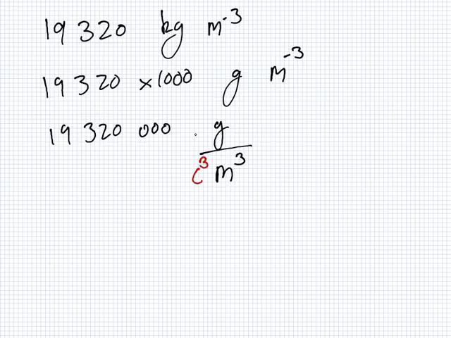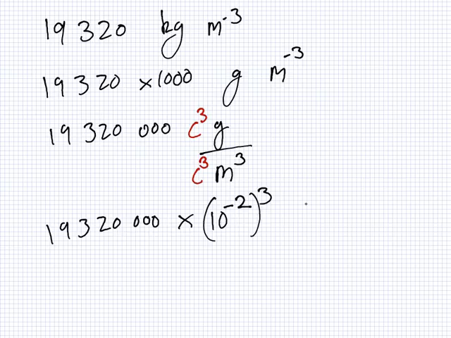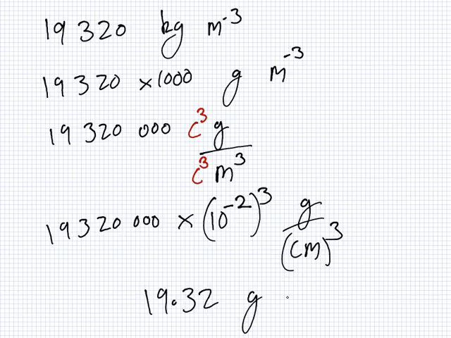So I put a centi here and a centi here. So now I get 19,320,000 times 10 to the minus 2 cubed grams over centimeter cubed. So I get 19.32 grams per centimeter cubed.